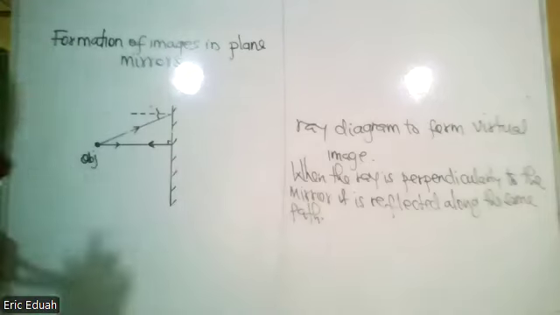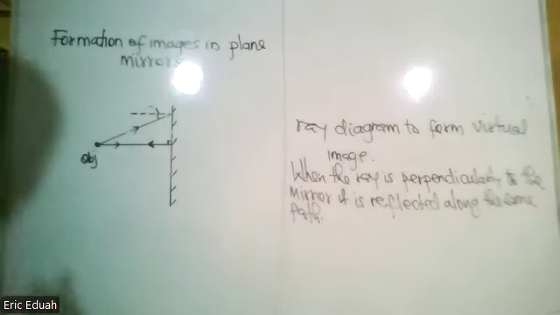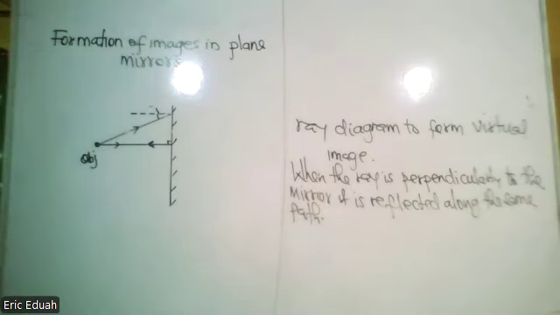Okay. Now, before you draw the angle of reflection, one of the characteristics of images formed in a plane mirror is that object distance must be equal to image distance. Object distance must be equal to image distance.